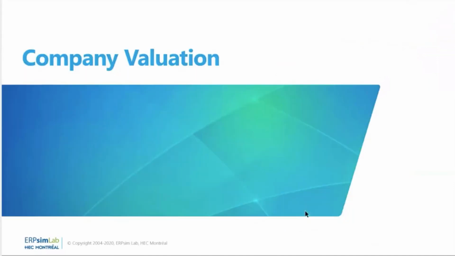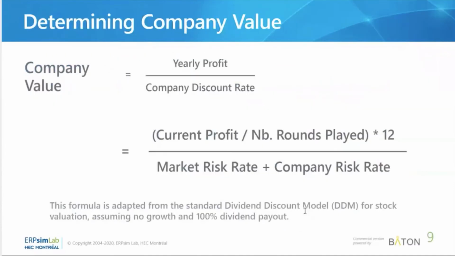expenses. Here's the company valuation. If you are a finance major, here is the formula for company value: equals yearly profit over company discount rate. Yearly profit is easy to understand. It's revenue minus cost times 12 months, right?